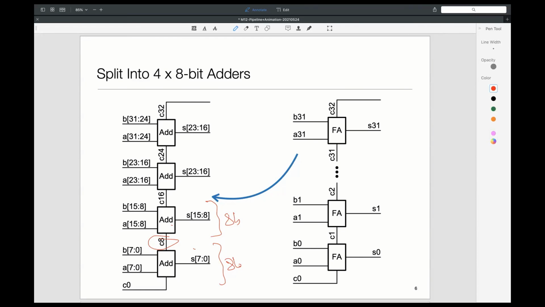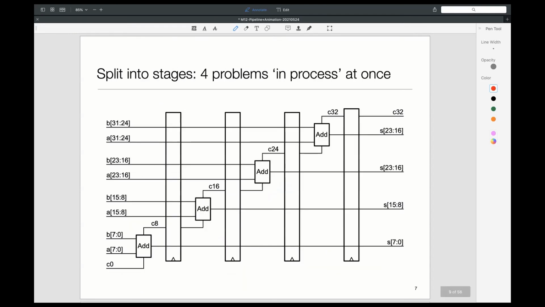Now we're going to think of these 4 groups as our pipeline. Some work happens in the lowest group. It hands the result, which is the carry out, to the next one, and so on. So let's see how we can make it work. Now, how does a pipeline happen?